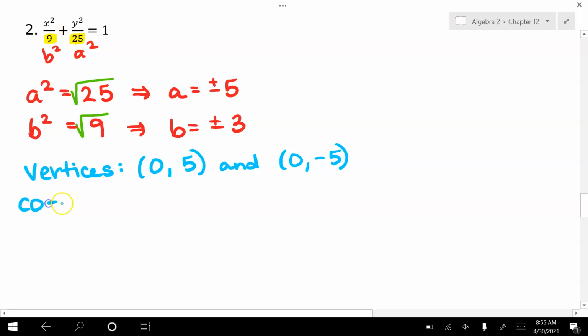Now co-vertices, that's when we use our B value. So co-vertices are the plus or minus B, and then 0. So we're going to do 3, 0, and negative 3, 0.